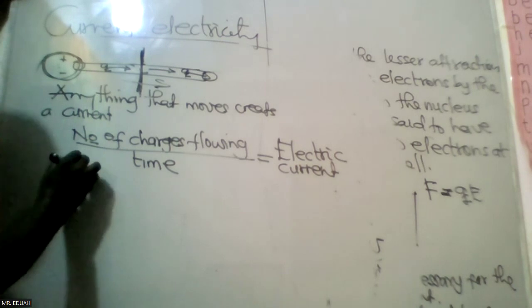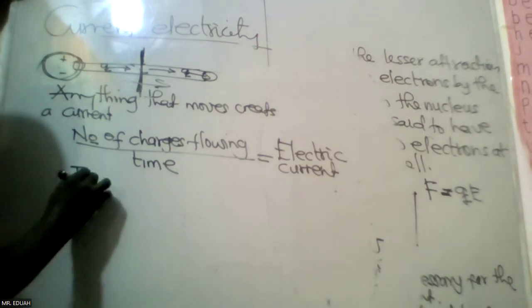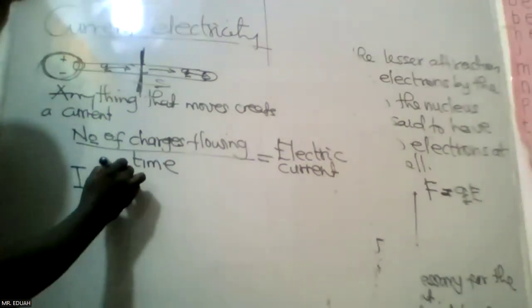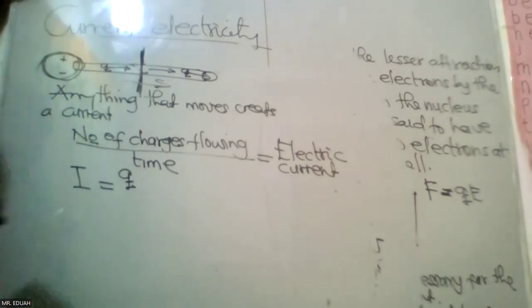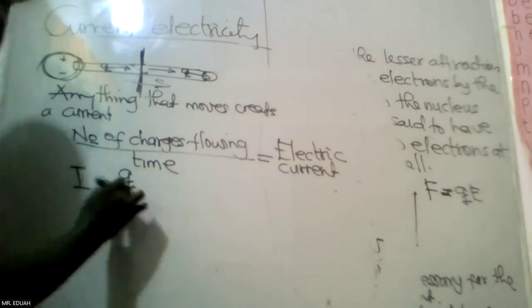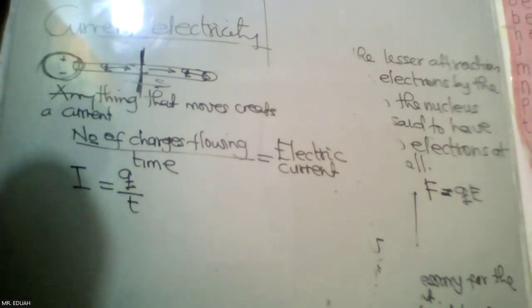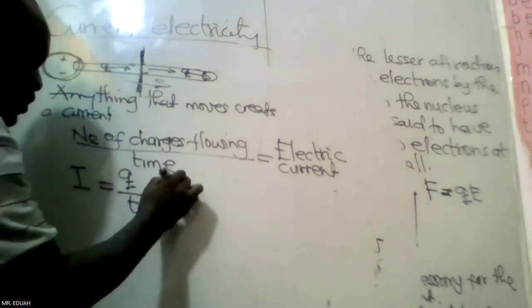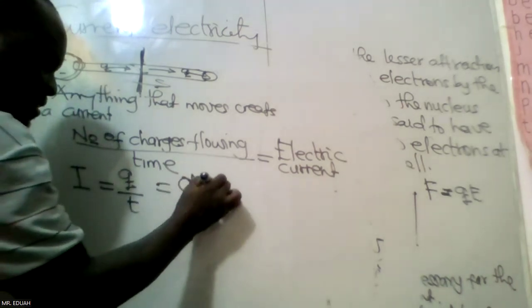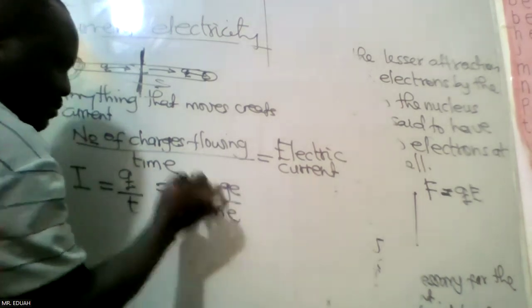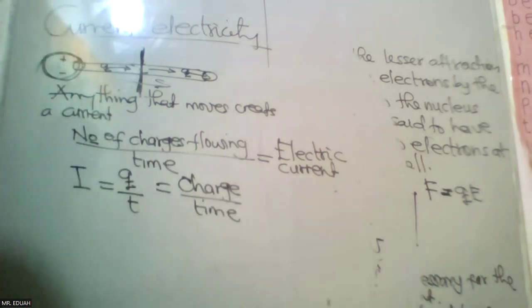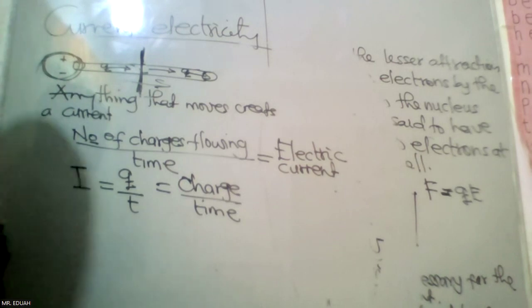So electric current is represented by the letter I, and this is the charge, represented by Q, divided by time. So current is equal to charge over time. That is electric current.